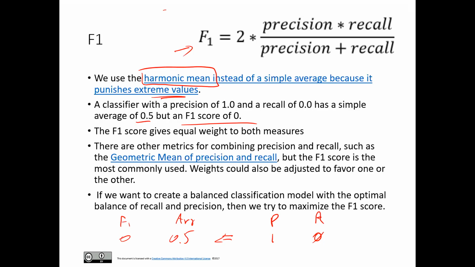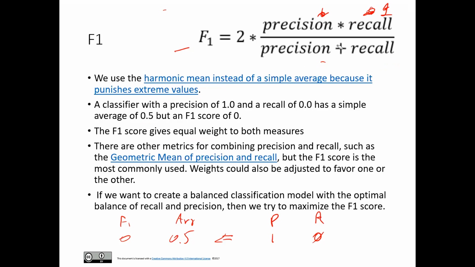So the F1 score gives equal weight to both measures. The idea being that 1 times 0 is 0, which makes everything 0. 0 times 1 is 0, which makes everything 0. But otherwise, 0.5, 0.5, and so on. Intuitively, you have to understand two ideas.